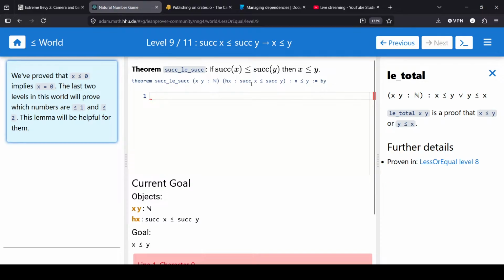So if succ x is less than or equal to succ y, then x is less than or equal to y. Oh, okay. I see. Interesting.